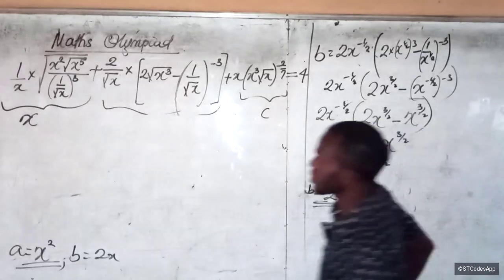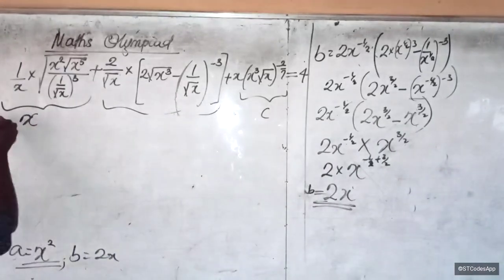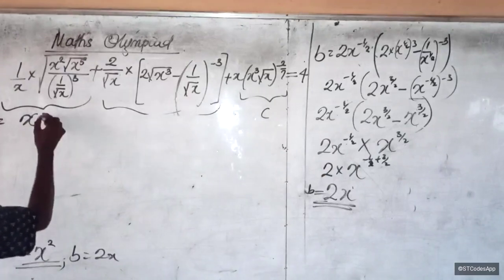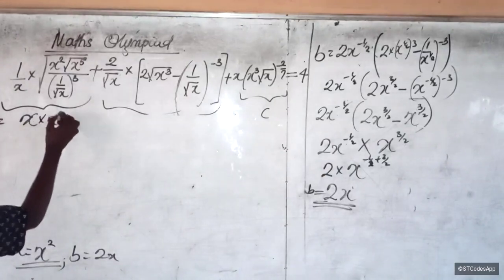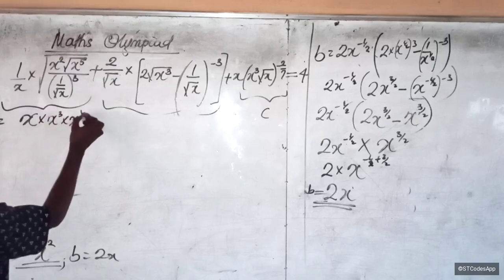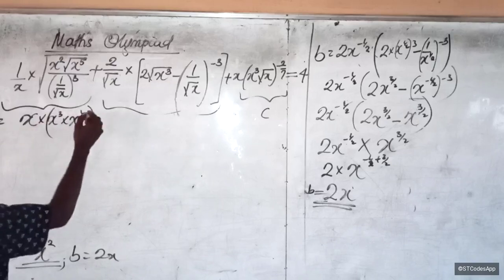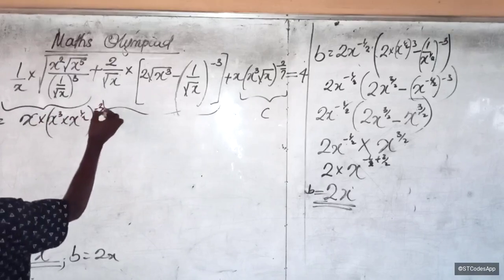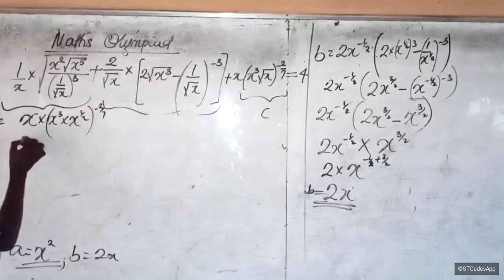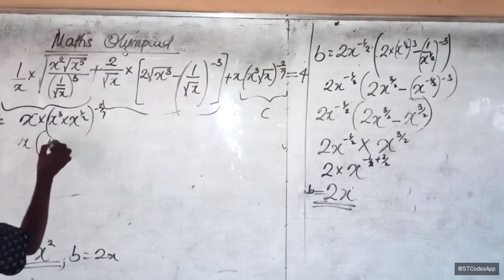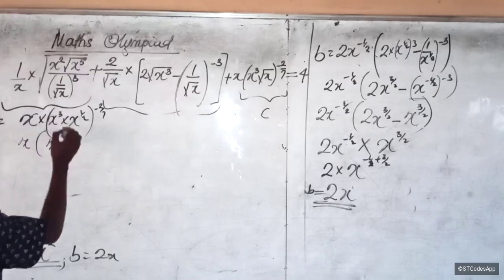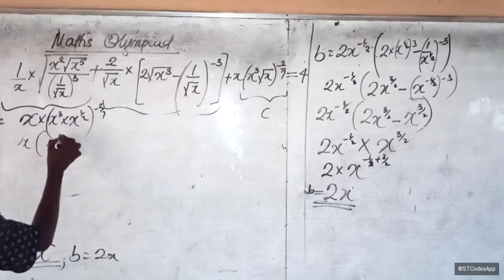So c is going to be x times x to the power 3 times x to the power half, all raised to the power minus 2 over 7. So what does this become? It becomes x into bracket x to the power, this plus this, 3 plus half, is 3 and a half.